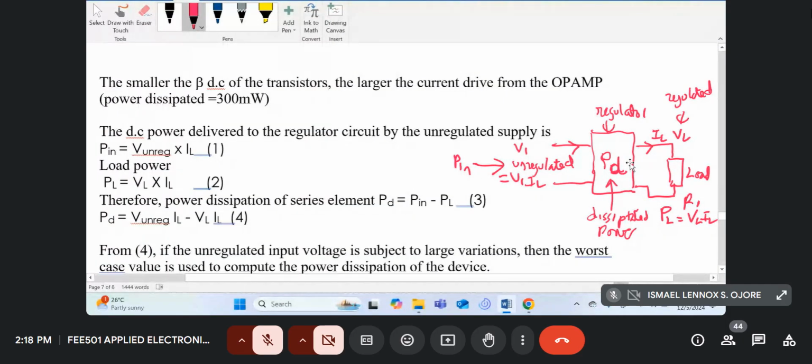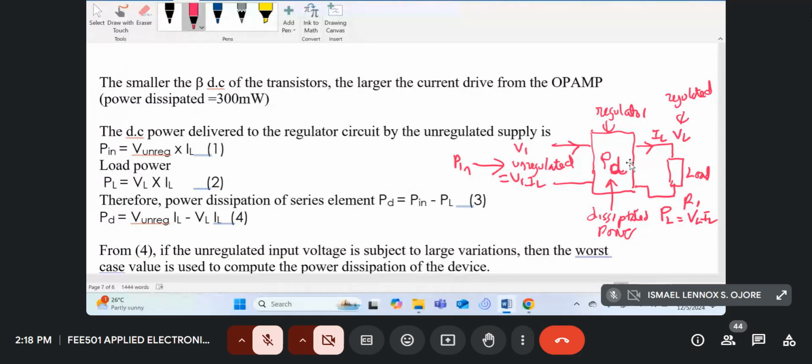In design, normally we want the power dissipated by the regulator to be as small as possible, because any dissipated power there means a lot of heat is being generated. Power is expensive. A lot of heat being dissipated also means that the life of the semiconductors is going to be less.